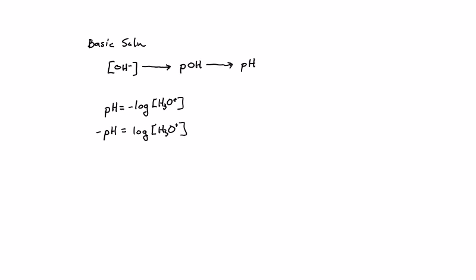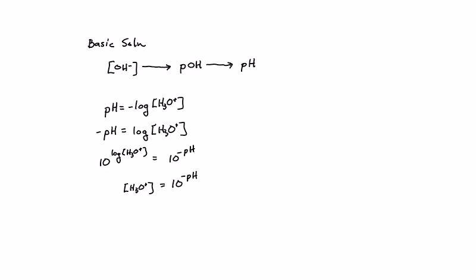Okay, and then to undo the log, what we do is we raise 10 to the power of the logarithm. And we have to do the same thing to the other side. Okay, so what we wind up with is the concentration of hydronium equals 10 to the power of the negative pH. Okay, and that's going to be our concentration.